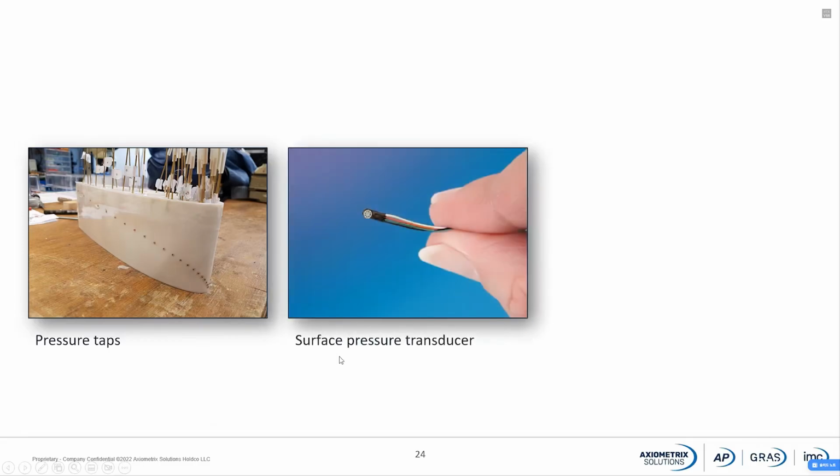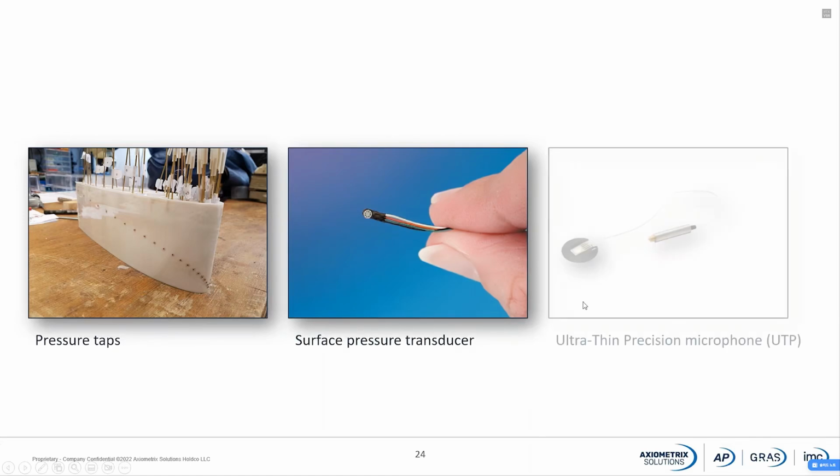We could also use a surface-mounted pressure transducer mounted directly on the airfoil, or we can use an ultra-thin precision microphone placed in a fairing, and this fairing is designed for not creating any turbulence noise in itself.